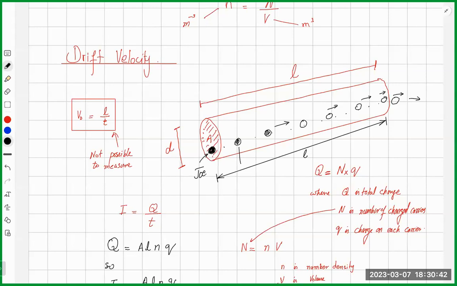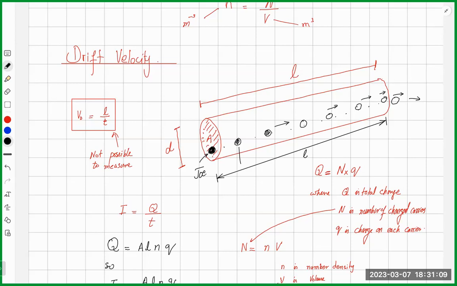But there is a small problem. It is not a big deal to find out the length of the conductor. You can just use a measuring tape or ruler or any device that can measure length. But the problem is the small problem I was talking about. That was sarcastic.